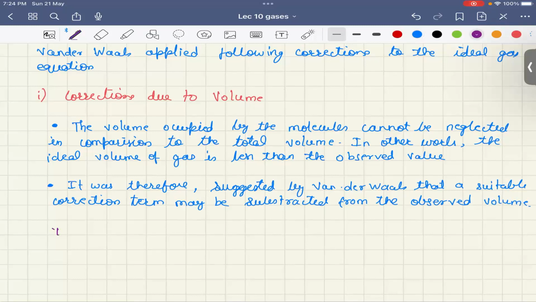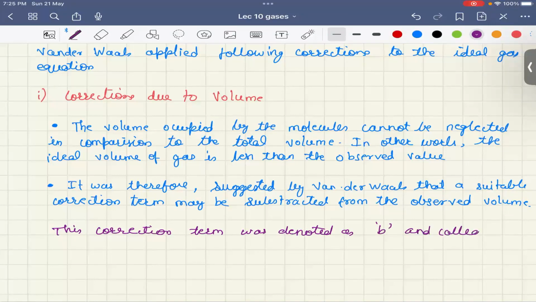And this correction term was denoted as b and called excluded volume, or co-volume.